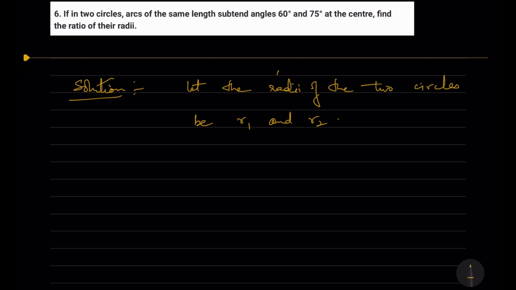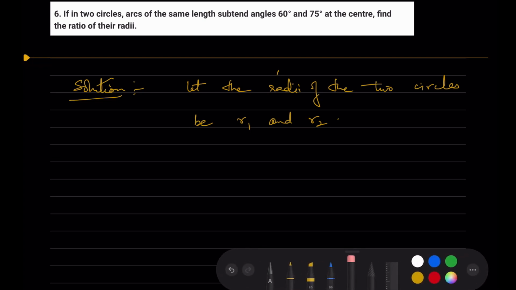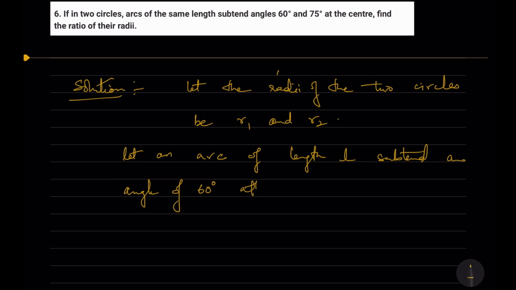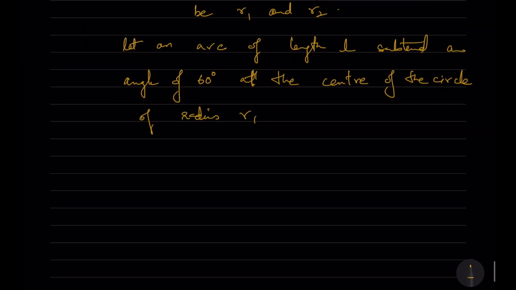So here you can take that let an arc of length L subtend an angle of 60 degrees at the center of the circle of radius R1, and also let an arc of length L subtend an angle of 75 degrees at the center of the circle of radius R2.